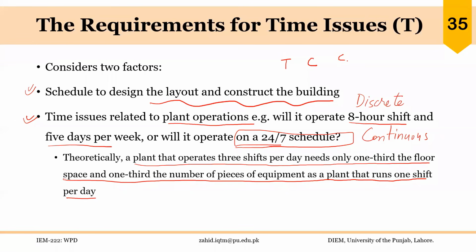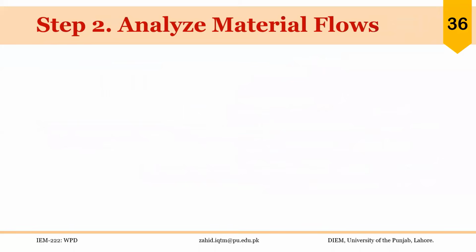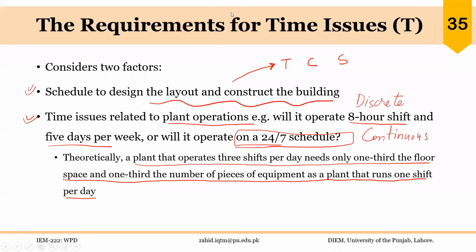They are time, cost, and scope. So time is also important with respect to the layout design and construction of the building. So this was the first step in systematic layout planning. If you have any questions, you can ask.